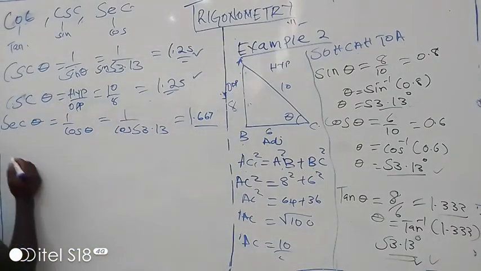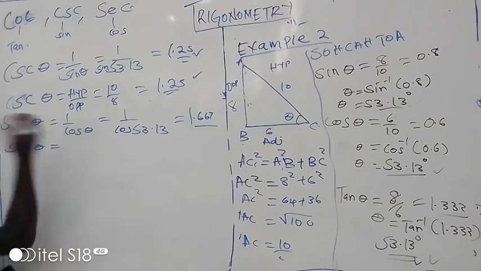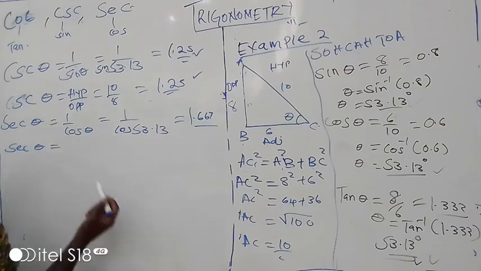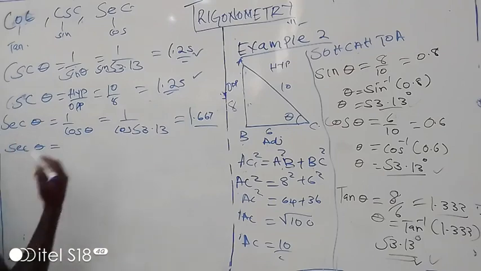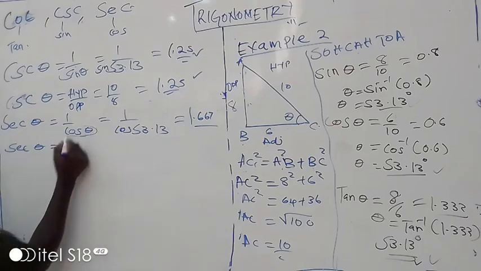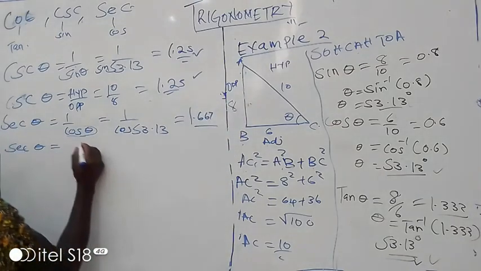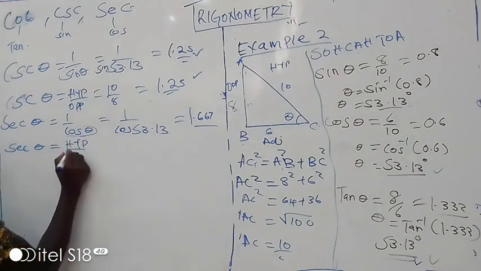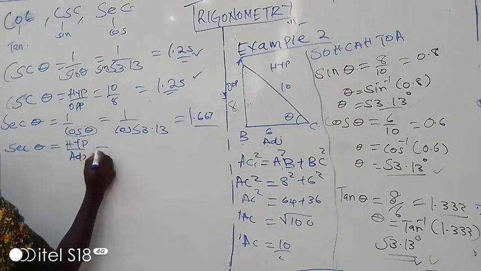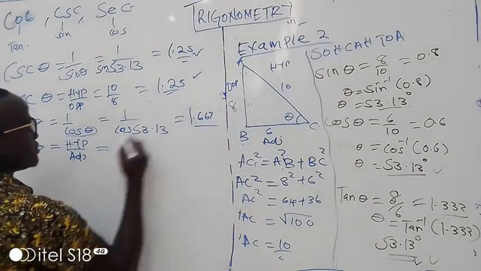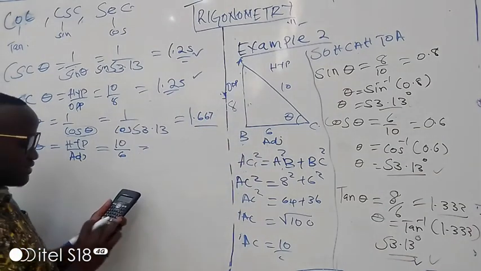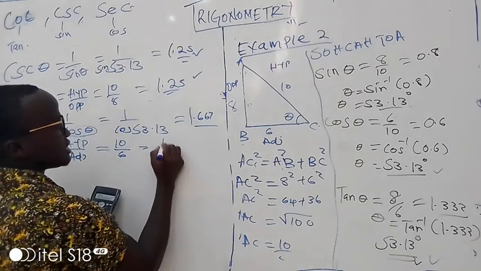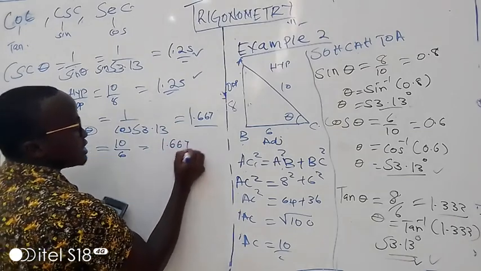But still we can say that sec is equal to 1 over cos theta, which is the reciprocal of cos theta, which is hypotenuse over adjacent. Our hypotenuse is 10, our adjacent is 6. So you can take 10 divided by 6, which is still giving 1.667.